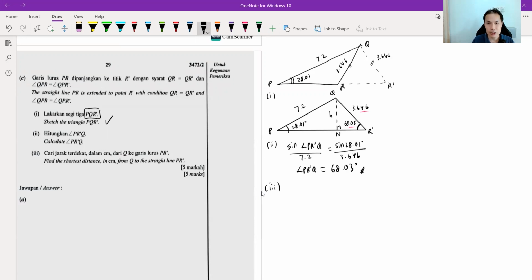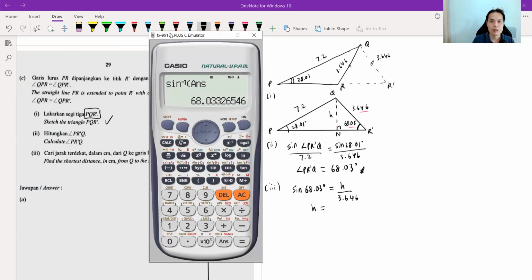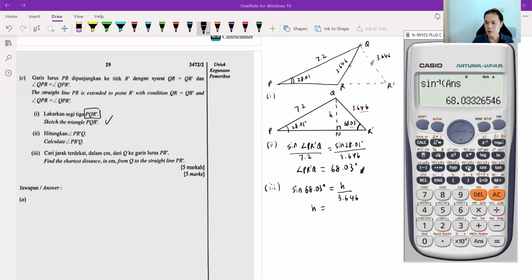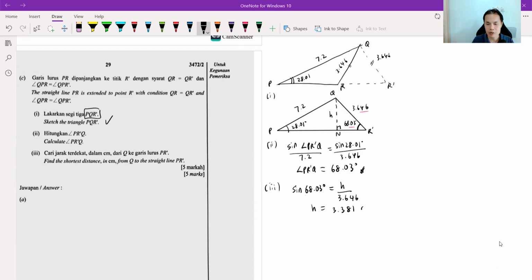Here, I'm just going to call it h. So I use sine 68.03 equals opposite, which is h, divided by the hypotenuse 3.646. Use your calculator: sine of 68.03, then multiply by 3.646. My answer is 3.381. There you go. That's the shortest distance from Q to line PR prime.